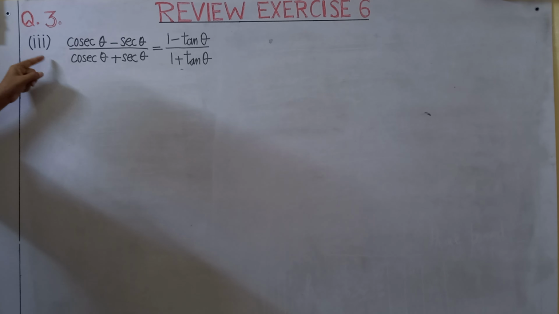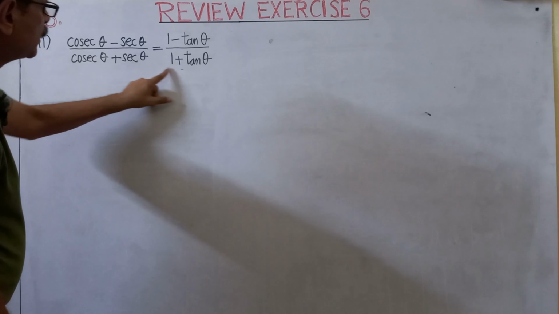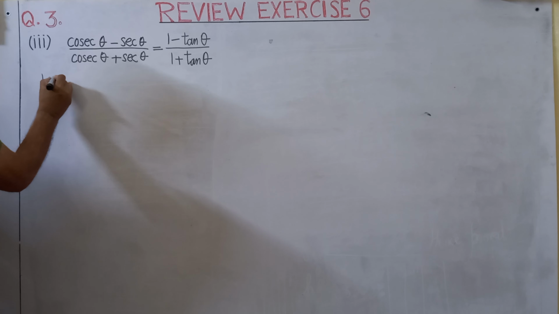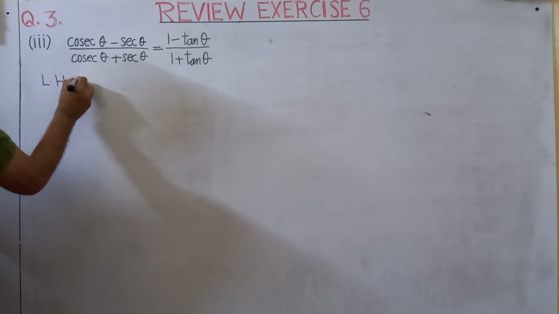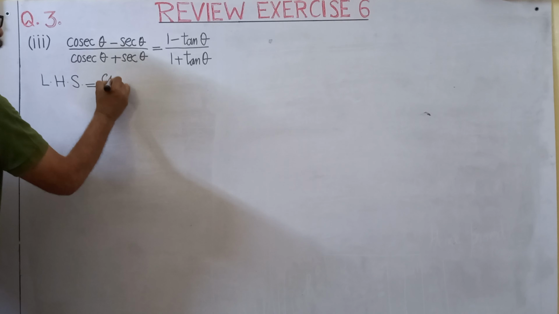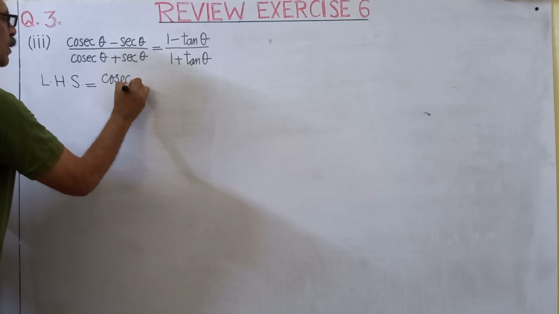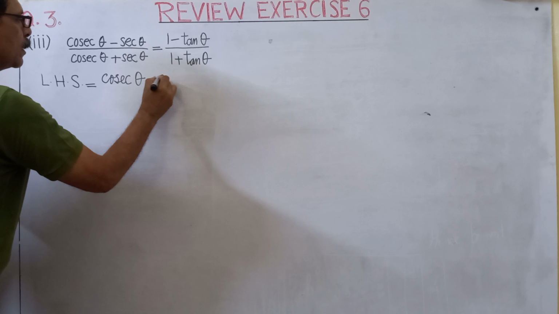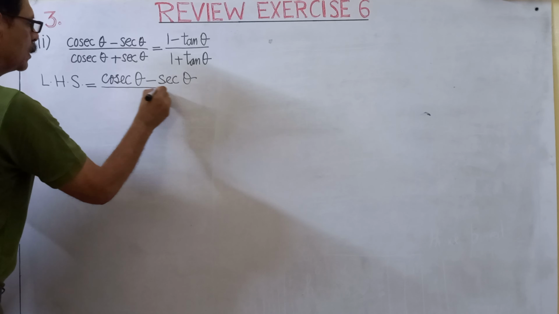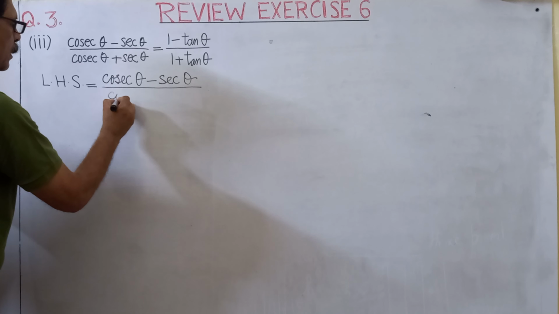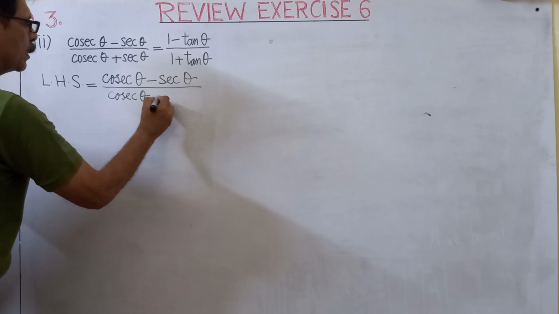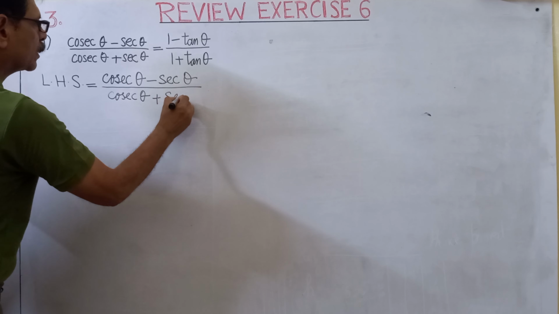Question 3 part 3. Prove this trigonometric identity. Left hand side equals cosecant theta minus secant theta over cosecant theta plus secant theta.